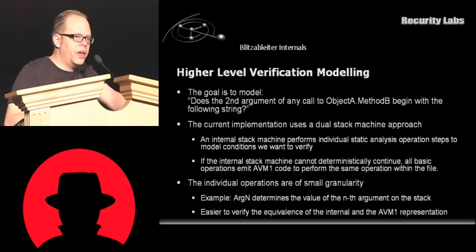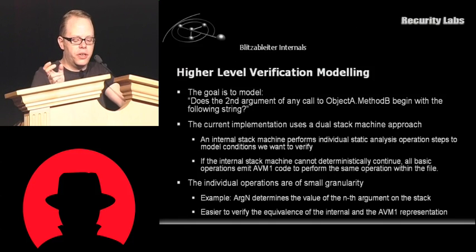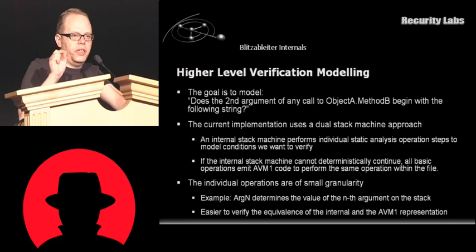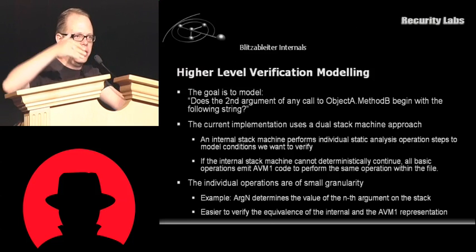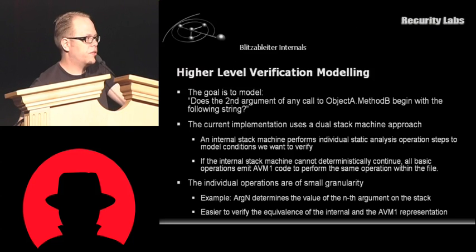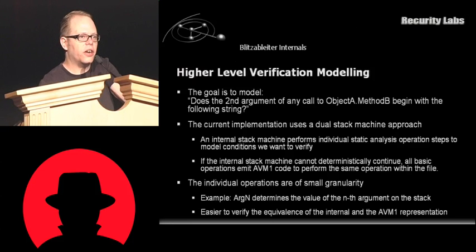It's actually two. It gets executed, and it has instructions of very small granularity, like get the third argument, or argument number n of this instruction, and it will try using static analysis to get to that point to figure out that argument.